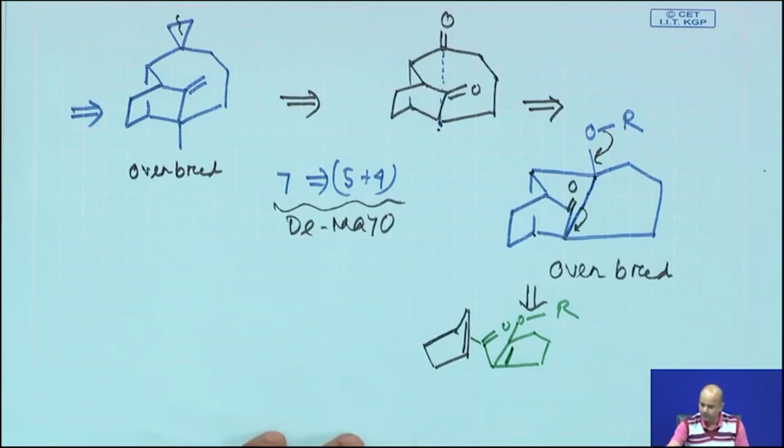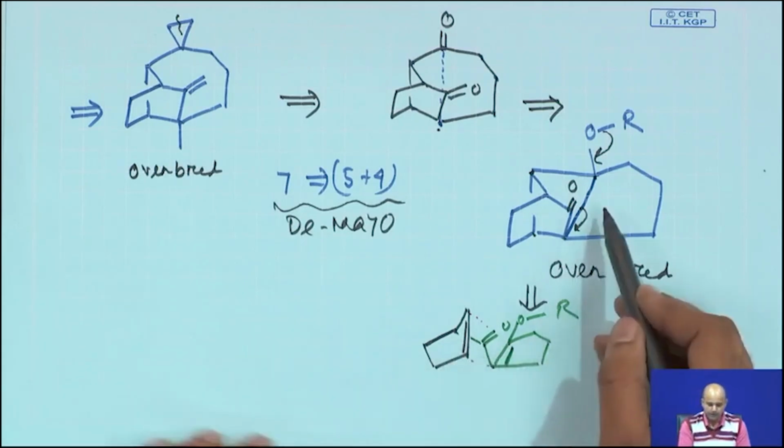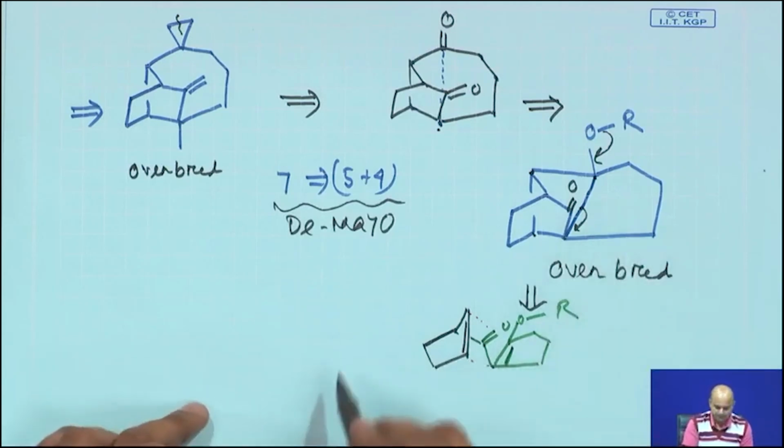Now, see what I am basically proposing here. You have a 2π at this point, you have a 2π at this point. And now we will be connecting this 2π and this 2π through a photocycloaddition, and then basically you will be trying to make this strained overbred.